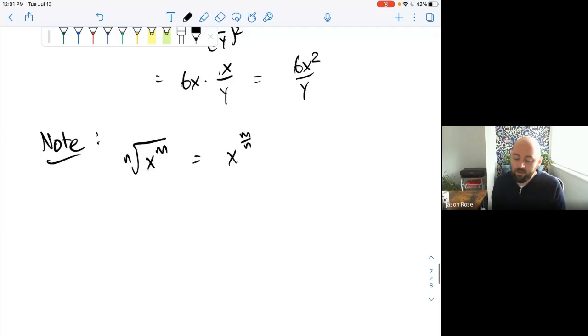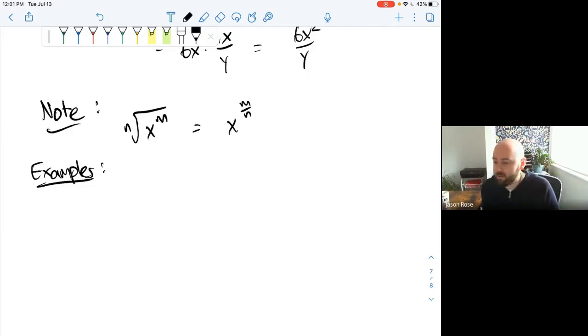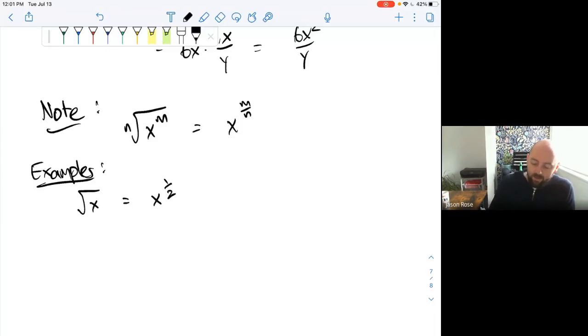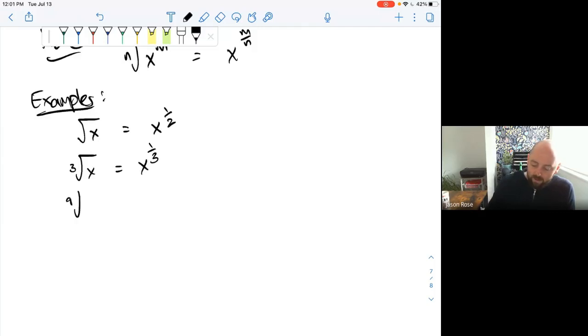So for example, some other examples that you might see, maybe if you're on the internet looking stuff up or you're looking up stuff in different textbooks. The square root of x is the same thing as x to the power of a half. The cube root of x is the same thing as x to the power of a third. The ninth root of x would be x to the power of 1/9.